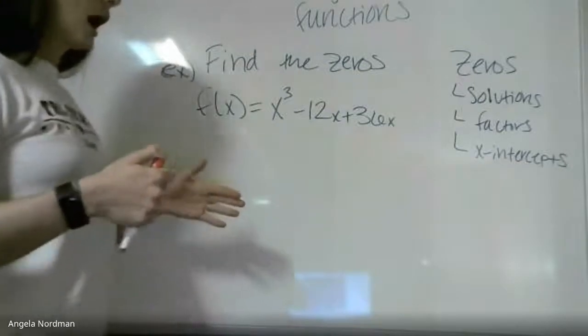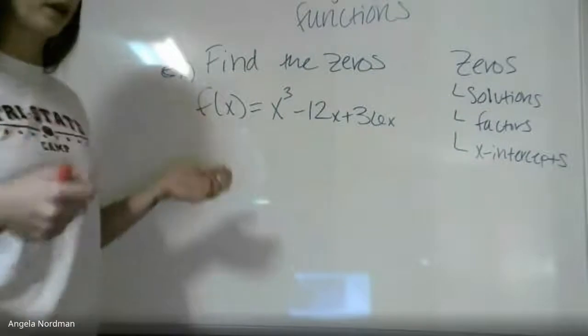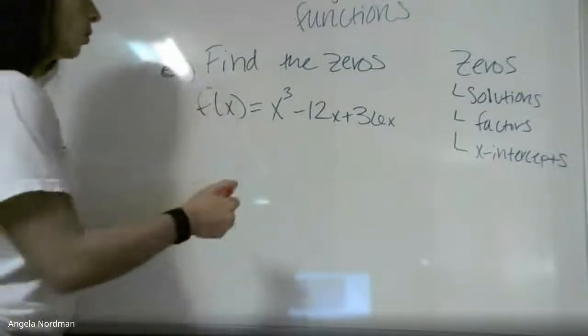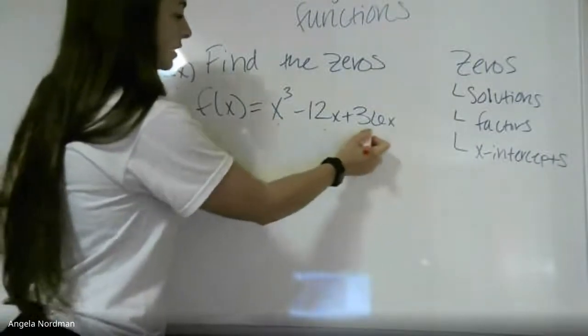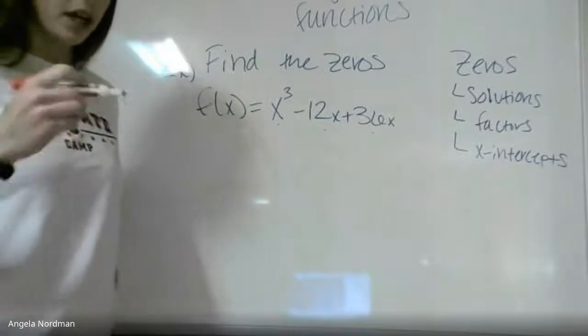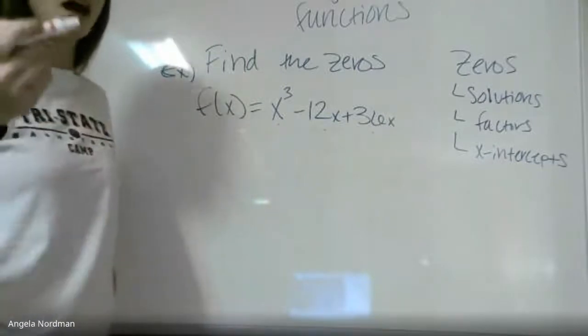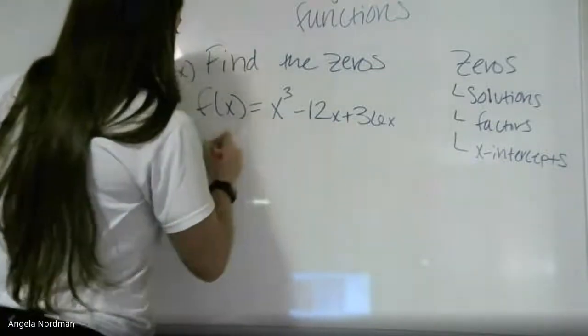Well, I always kind of like to start with greatest common factor. If I look at x cubed, negative 12x squared, 36x, the one factor that I'm hearing every single time is x. So what if I factored out an x?